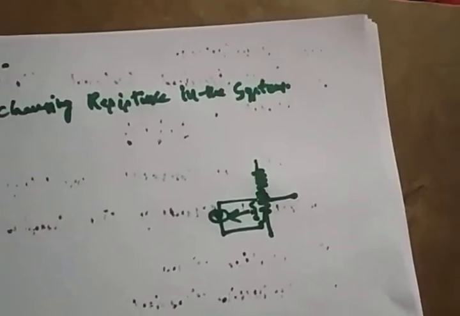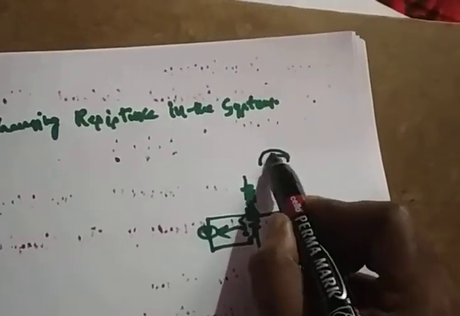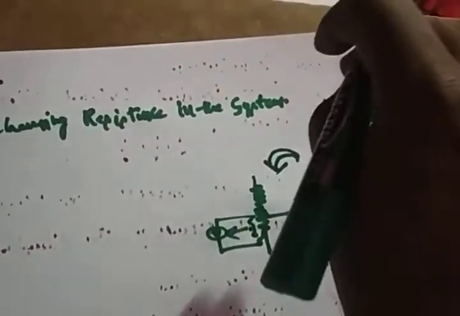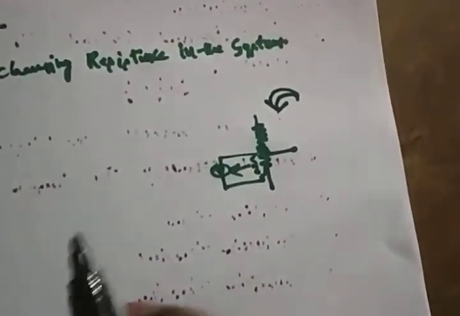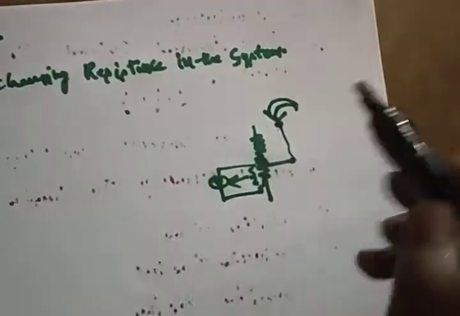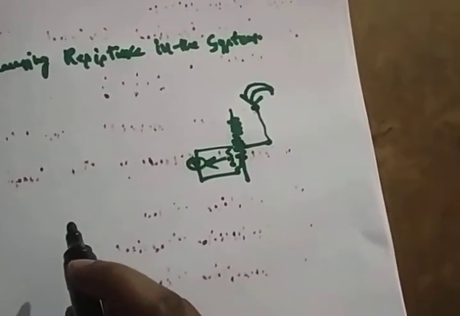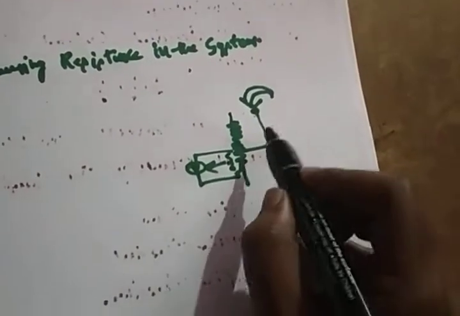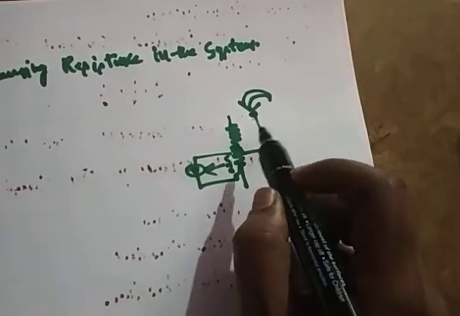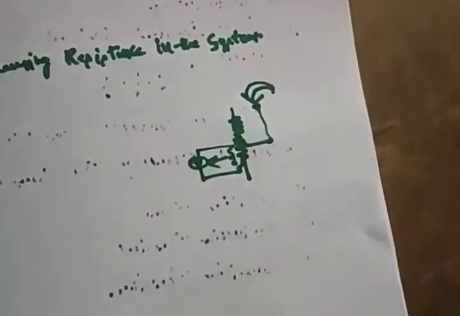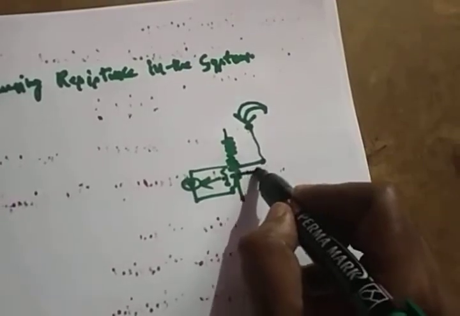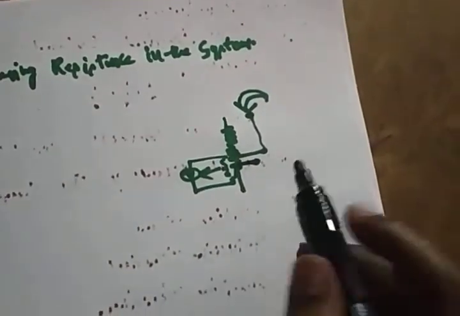Now, I applied some pressure. I don't know the pressure. Pressure is my non-electrical quantity that I applied. With that, what happened? Your slide wire moves downwards. Then you have another voltmeter.